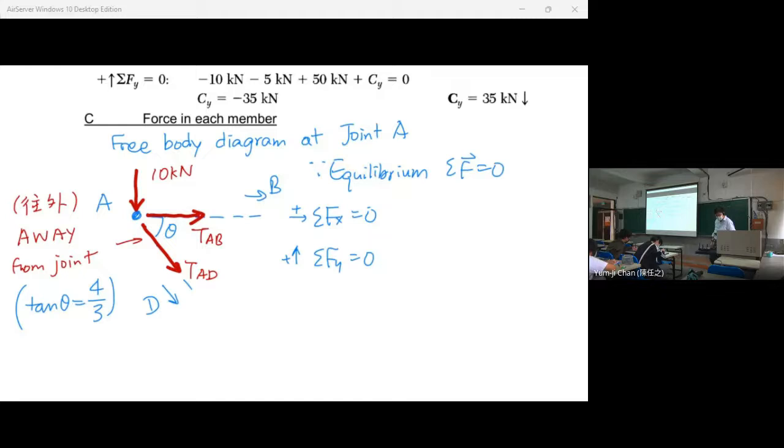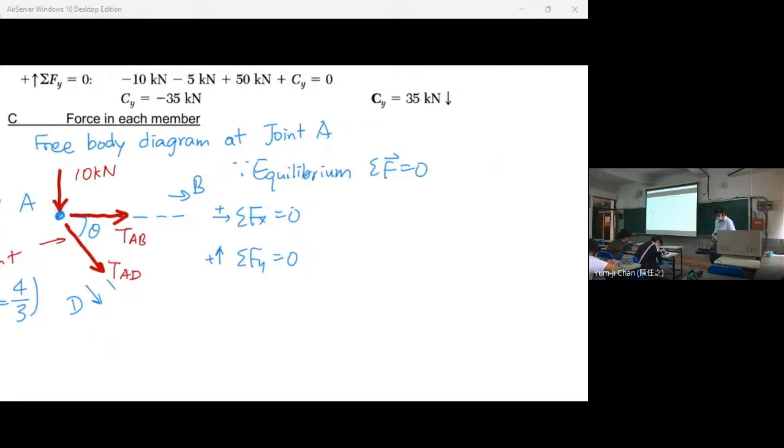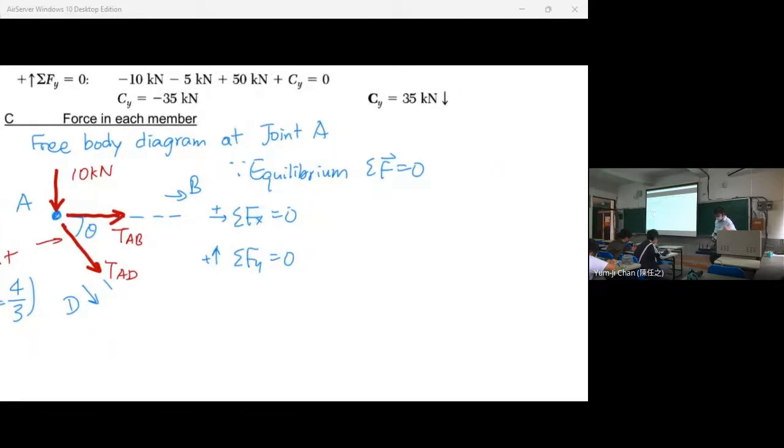Now we have TAB plus TAD cosine theta equal to 0, and for Fy equal to 0, we have minus 10 kilonewton minus TAD sine theta equal to 0.